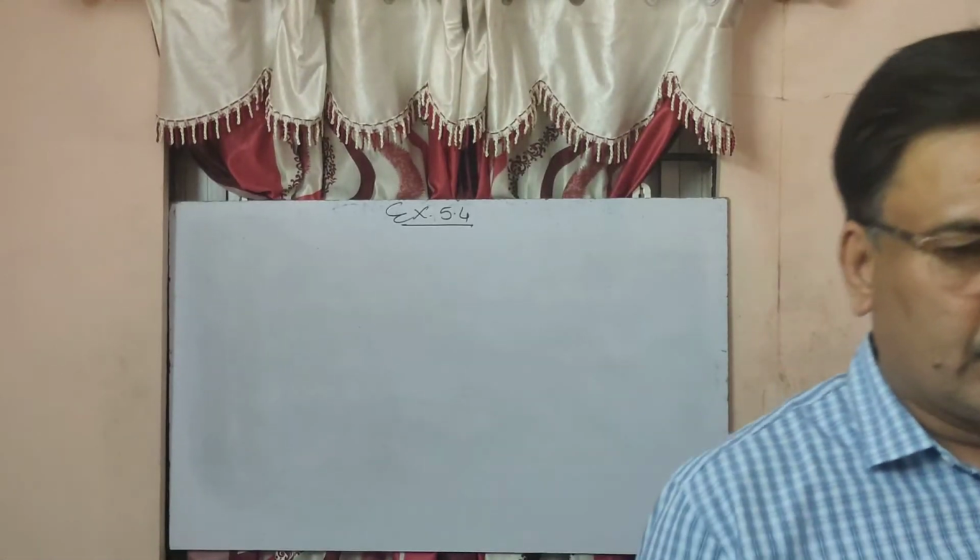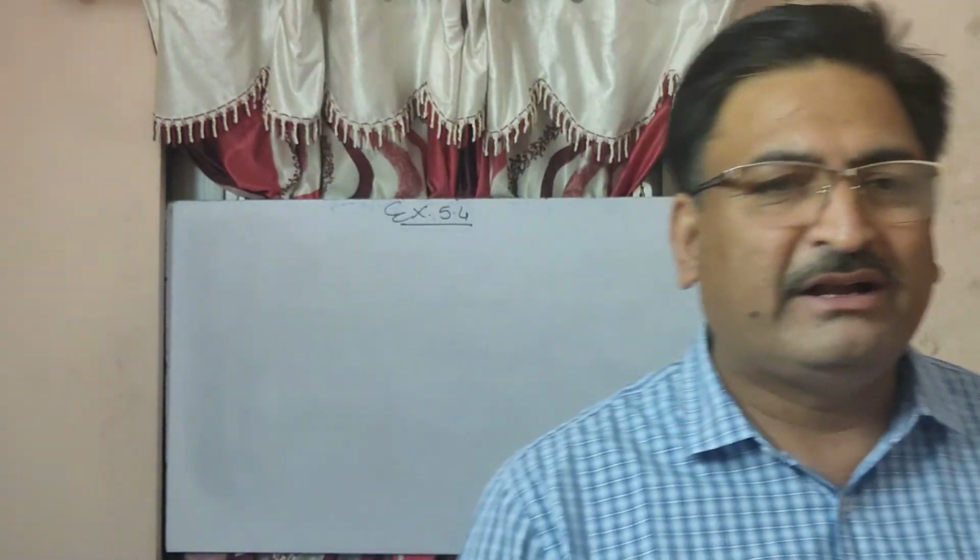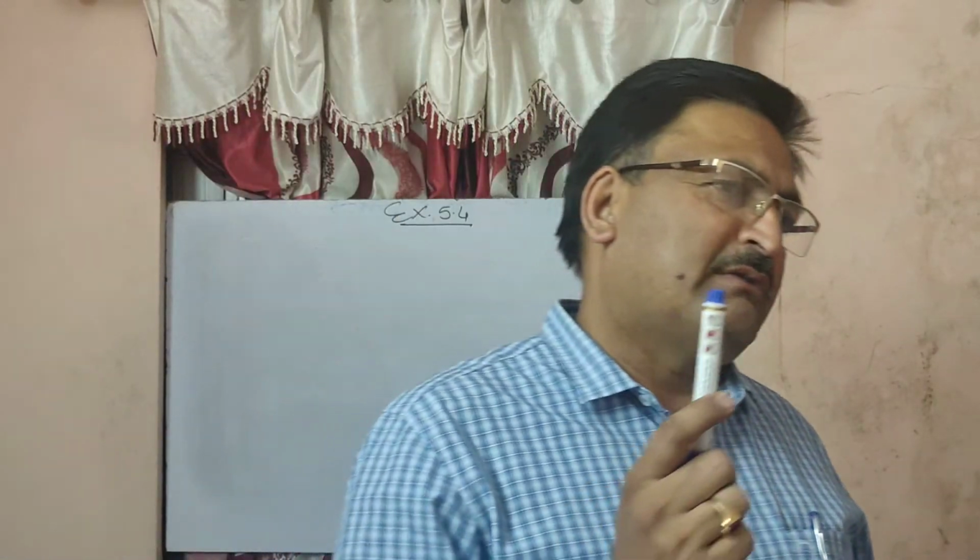What is the square of 1? 1. And what is the square root of 1? 1. What is the square of 2? The square of 2 is 4. What is the square root of 4? 2. What is the square of 3? That is 9. What is the square root of 9?